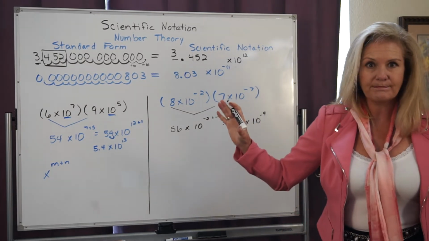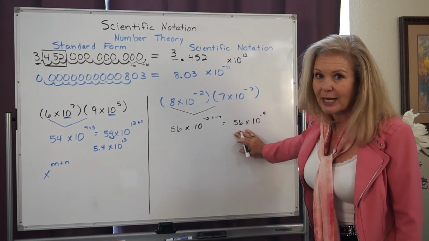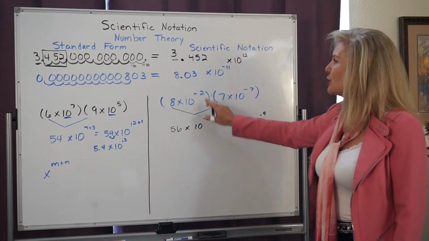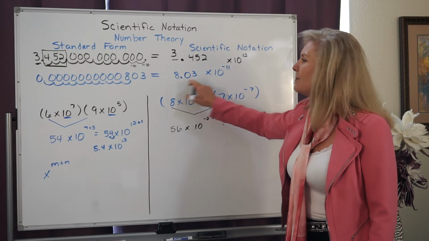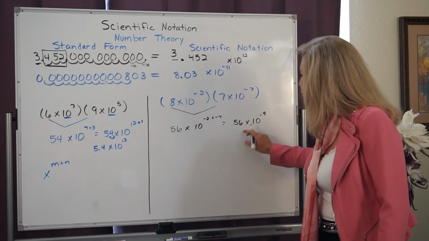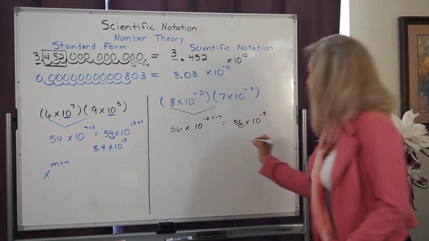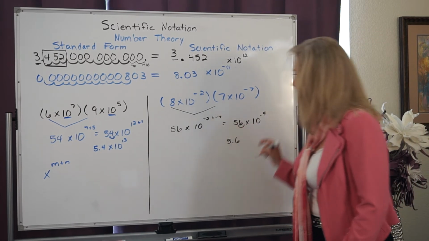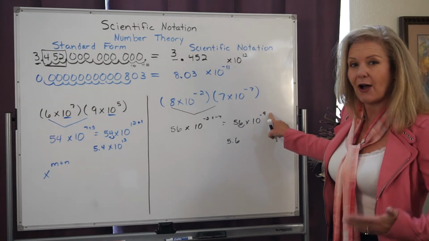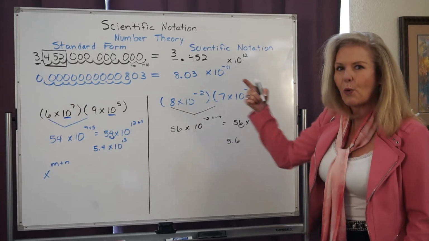But I have a problem, because this is not the correct format. I went too far. I have too many digits. I've got to move this decimal point back one place so that I can get 5.6. That means I went too far. So I've got to take one away from there.